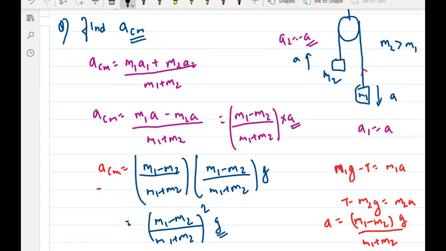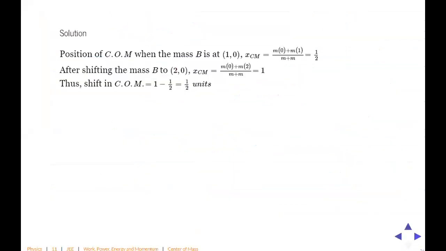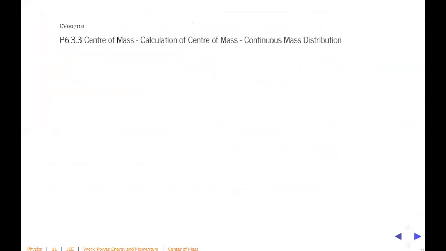Anyone have any doubt in this? Raise your hand. No? Chalo. Okay. So this concept is clear, right?